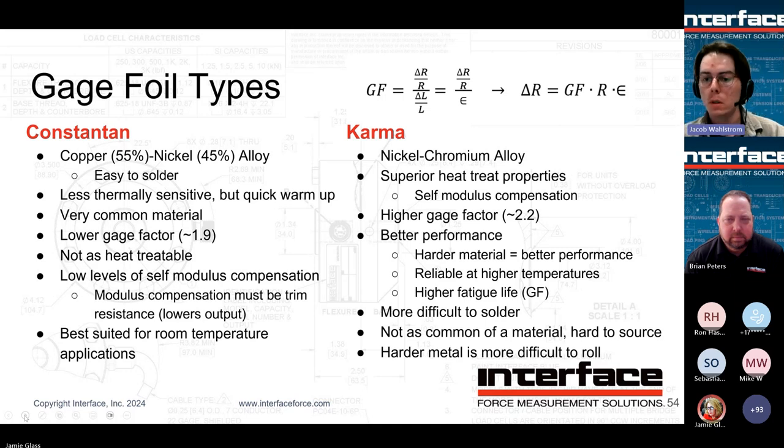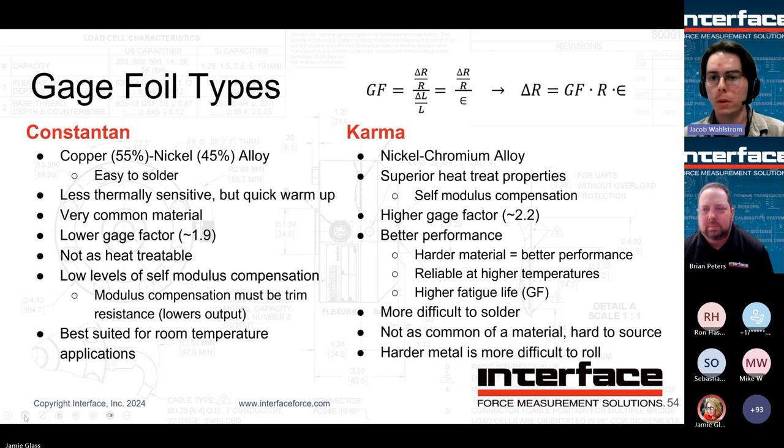It's a harder foil, so it makes it a little bit harder to roll, but it does lead to a little bit better performance, and definitely is more reliable at high temperatures. It's not as common of a material, so it's a little bit harder to source for some companies. But Interface has been using this, I think, since the beginning, right? 56 years. So it's pretty much our standard. So all these drawbacks really don't bother us all that much.